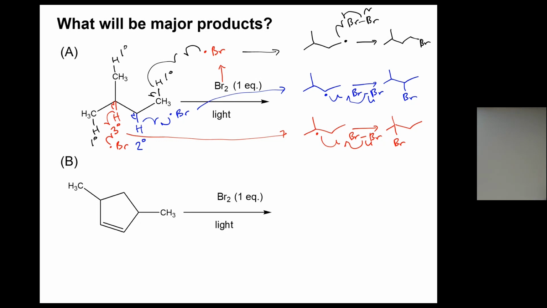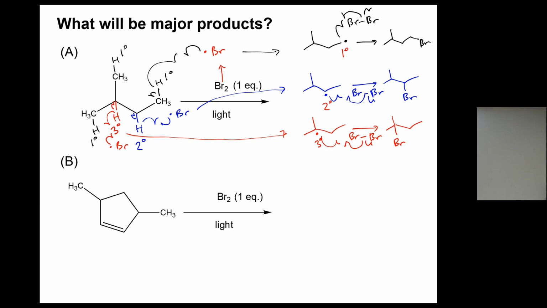Now we need to say which one is most likely. That has to do with the stability of the radical. As we mentioned earlier, the more stable intermediates will form more, and because of that, more products come from the more stable intermediates. The stability of the radical depends on how many carbon substituents it has. The reason is that the radical is an electron-deficient species, and the carbon substituents can help it. A primary radical has only one carbon substituent, so one helper. But a secondary radical has two carbons helping it out, so the secondary radical is more stable than the primary radical.